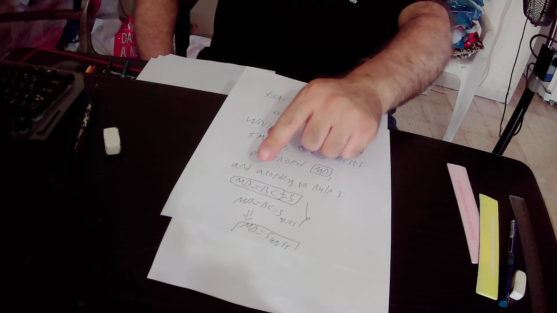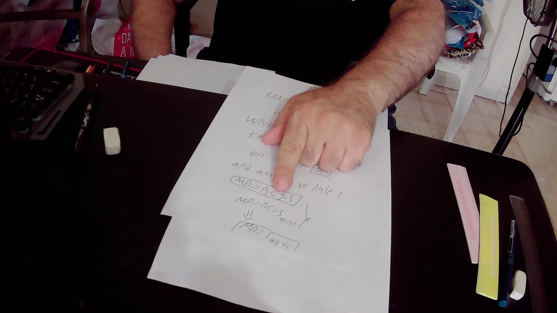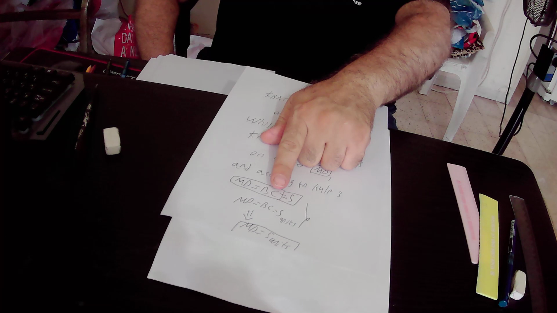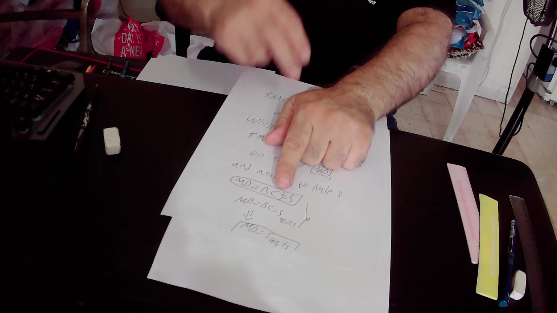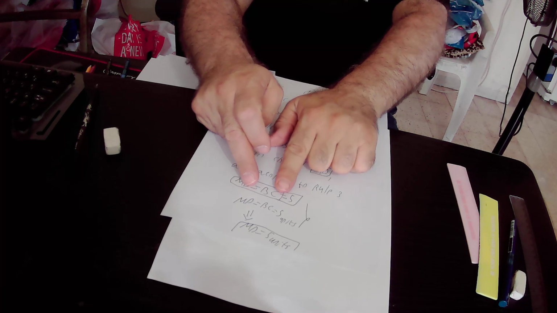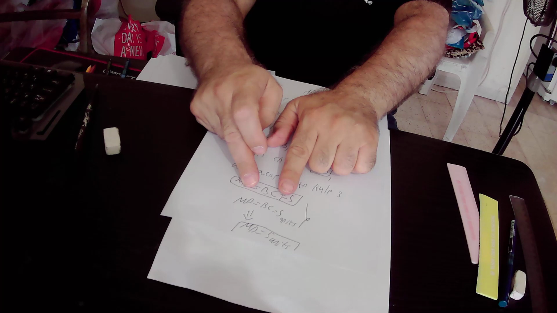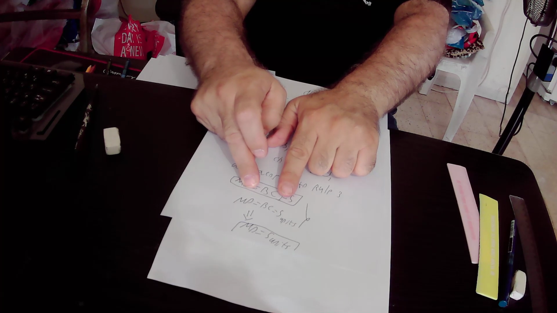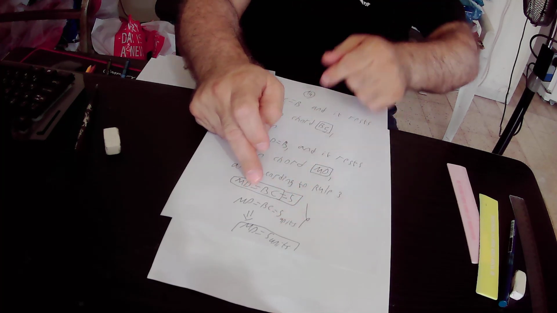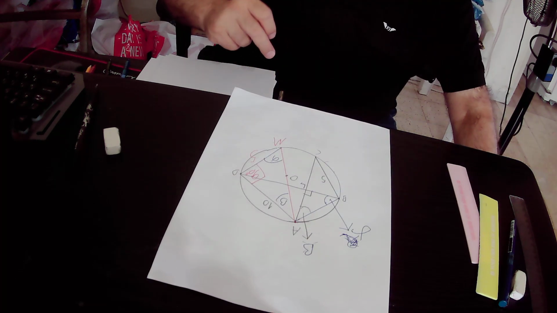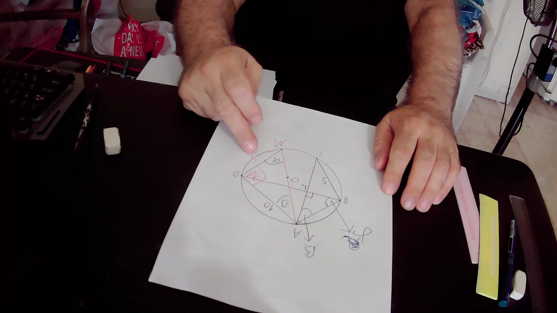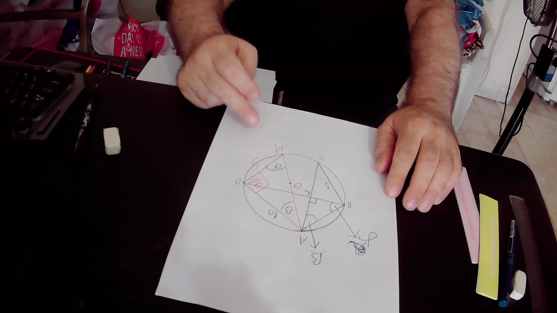According to rule number 3, MD equals BC, and according to what is given in the question, BC equals 5 units. So we have this equality, and from it we can deduce that MD also equals 5 units. So we can write here that MD equals 5 units.